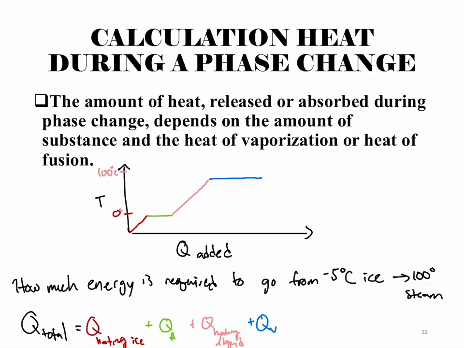And so this, if we actually had to calculate, we were given specific values to do that, which we don't have time to do today, but we'll do next week when we come back and finish up this lecture. This would be equal to m_ice c_ice delta T, right? So the mass of ice times the specific heat of ice times the change in temperature, which is -5 to 0 degrees.